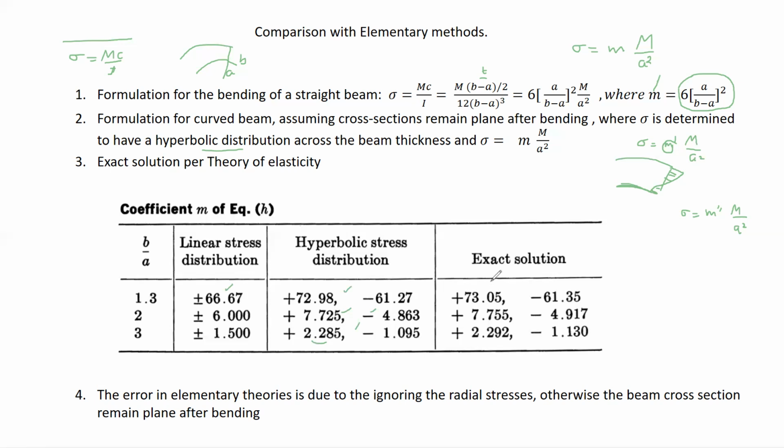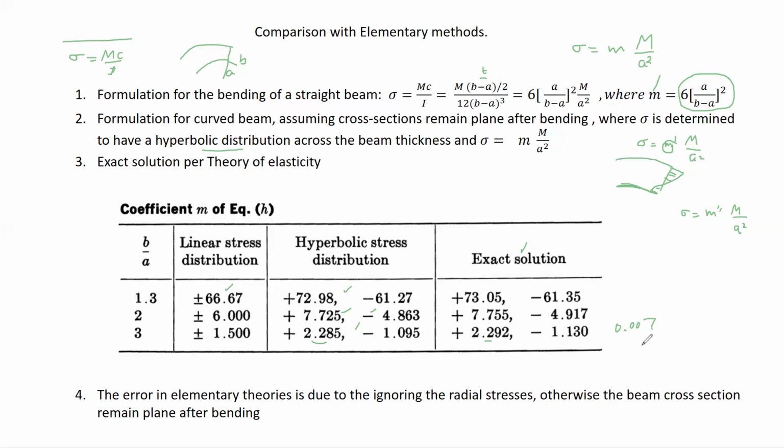But if we compare to the exact solution, we don't see that much of a difference, even in the case of b over a equal to 3. For example, maximum is almost 2.3, and here is 2.28, 2.29. So the difference would be 0.007 or something.